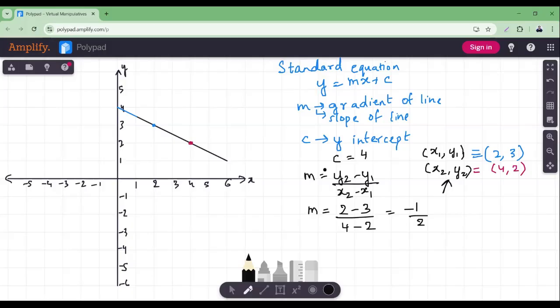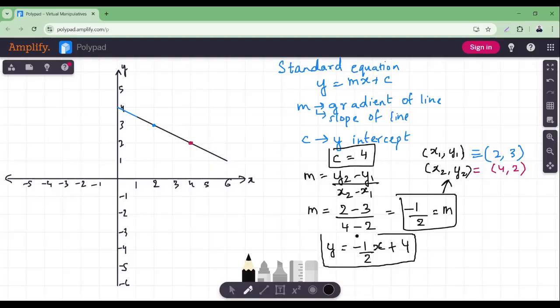Now I just have to put these things in that standard equation. So y is equal to mx plus c, where m is minus 1 by 2, x I write as it is, and c is given as 4, so plus 4. So this is the equation of this line. You'll be wondering, is it so?